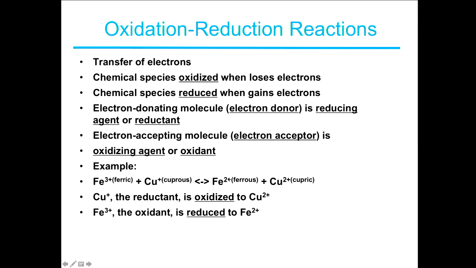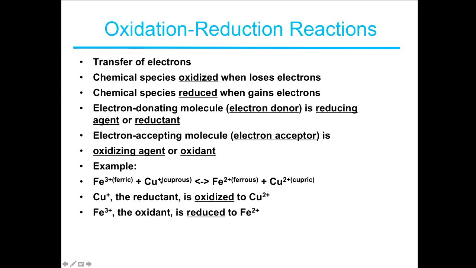Okay, so this can happen with just simple metal ions. This is sort of the simplest type of thing we can describe here. Here we have ferric iron, Fe3+, and cuprous copper, Cu with a 1+ charge. Put those together, and we end up with iron 2+, or ferrous iron, and cupric copper.